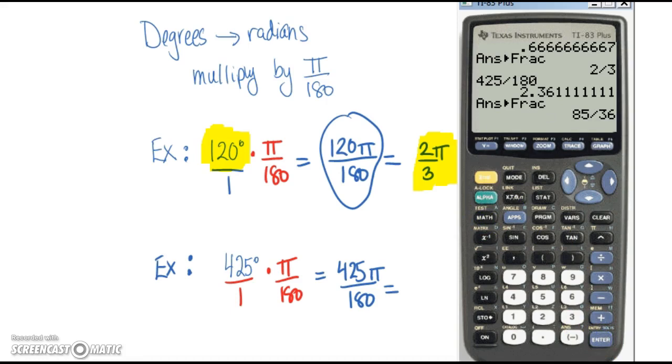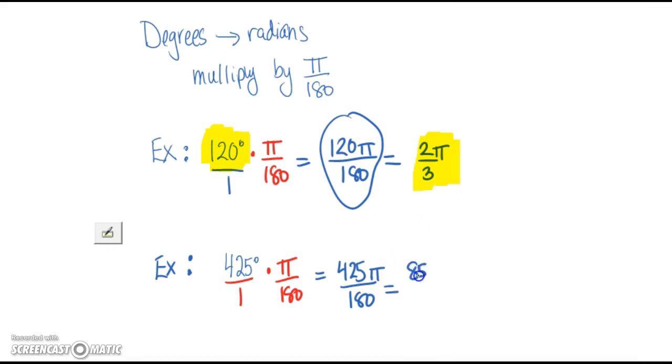So that's equivalent to 85 pi over 36. And so 425, which is more than one rotation, is equivalent to 85 pi over 36, which again is equivalent to more than one rotation.